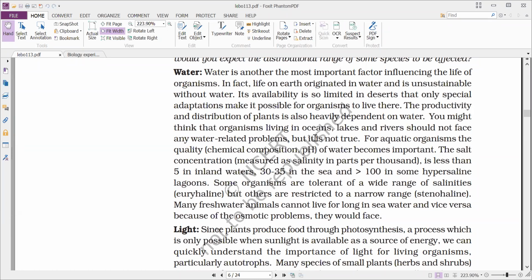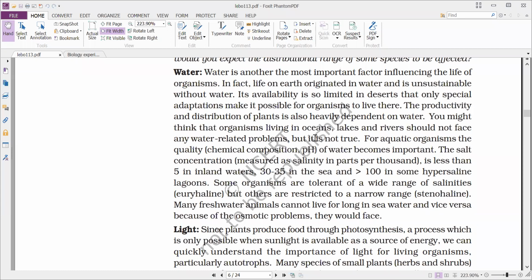We can observe clearly in India that most of the cities are present on river banks where water is available in surplus.